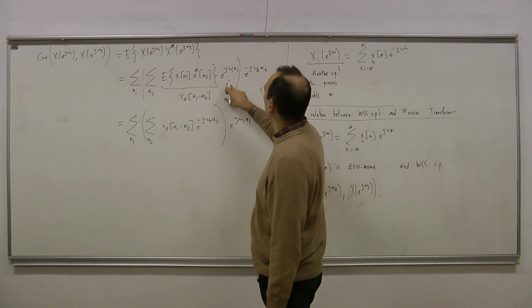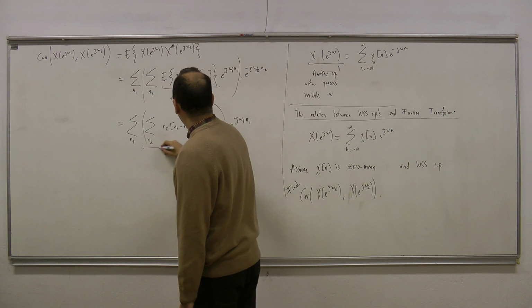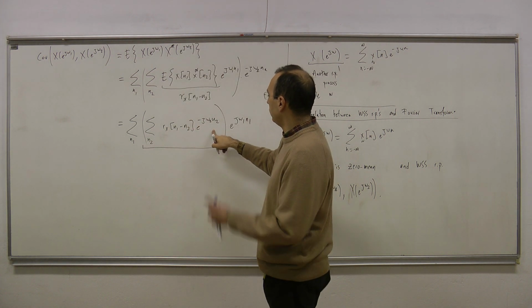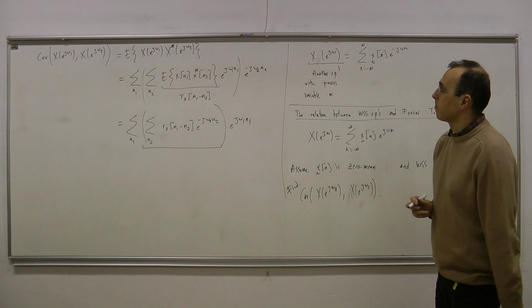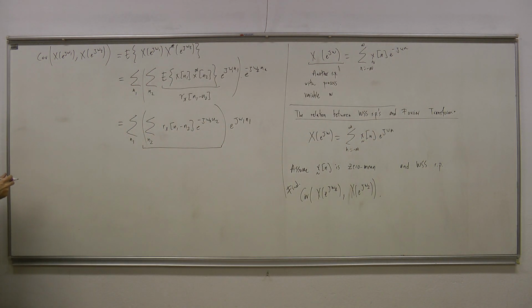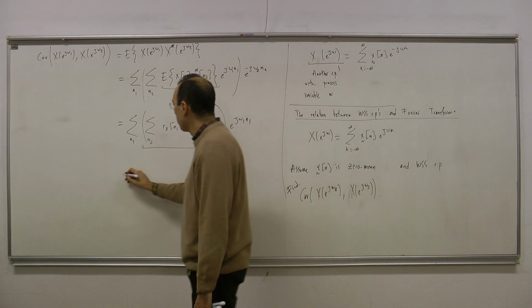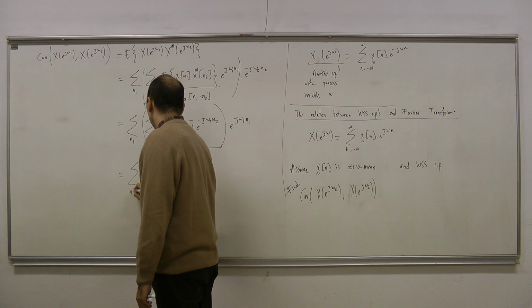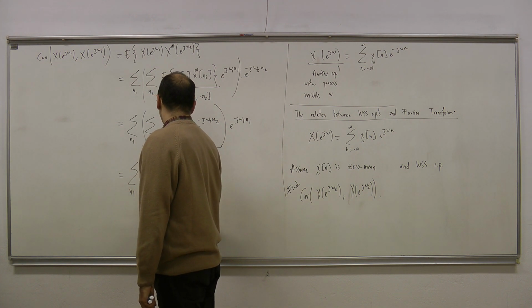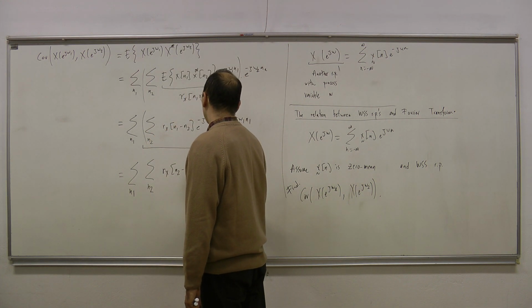So I just move this in, take this out. Now, what is this one? It's the Fourier transform of this with respect to n2. So how can I take the Fourier transform of this one? First, I change variables again one more time.